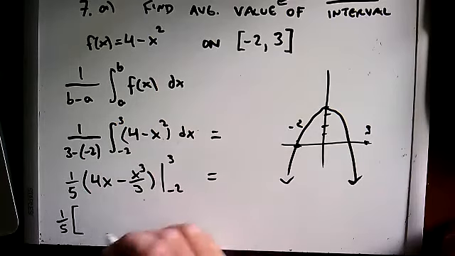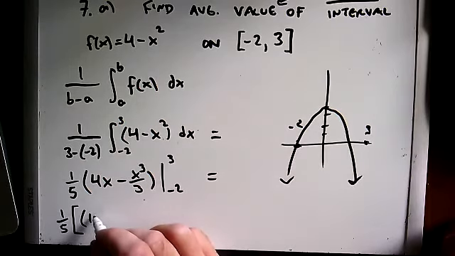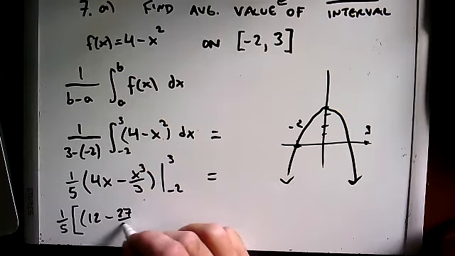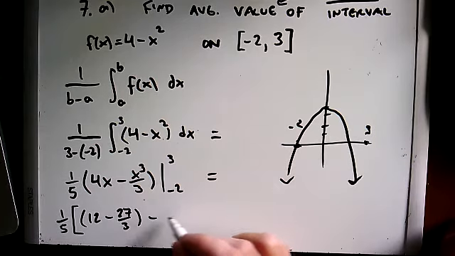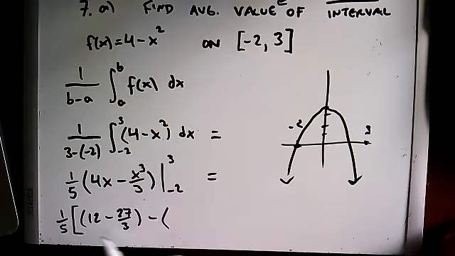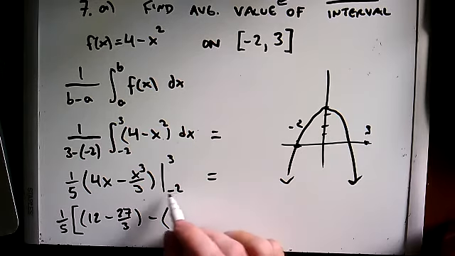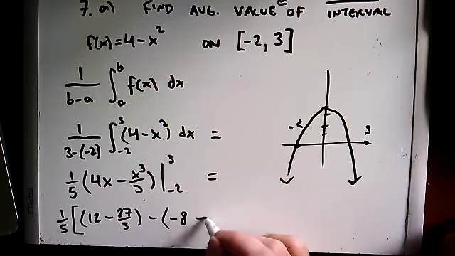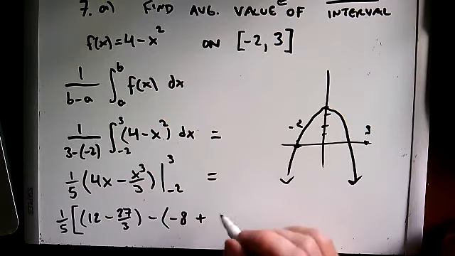If we plug in 3, we have 12 minus 27 thirds, my upper endpoint. And then we're going to subtract. Be very careful with parentheses and minus signs here. Plugging in -2, we have -8 plus 8 thirds.